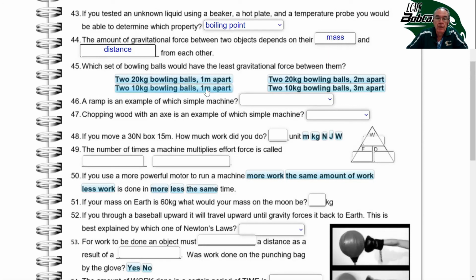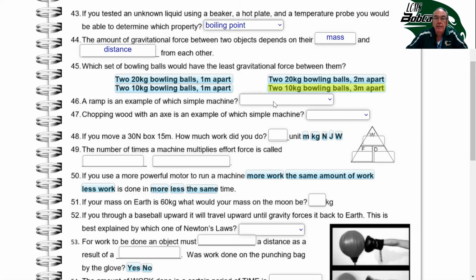So these are both 1 meter apart. Out of these two, the 10 kilogram balls would have the least gravitational force. But over here, the 10 kilogram balls are even farther apart. So they're the least mass and the farthest apart, so they would have the least gravitational force.